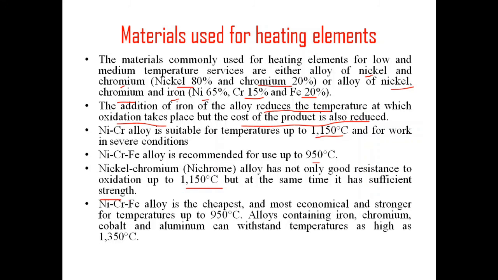Nickel, chromium, iron is the cheapest, but it is limited to 950 degrees Celsius only. Alloys like iron, chromium, cobalt and aluminium can withstand temperatures up to 1350 degrees Celsius. These are some examples, and nichrome is one of them.